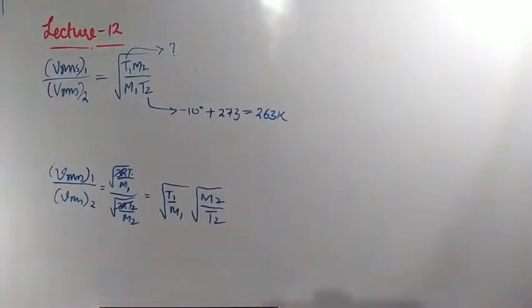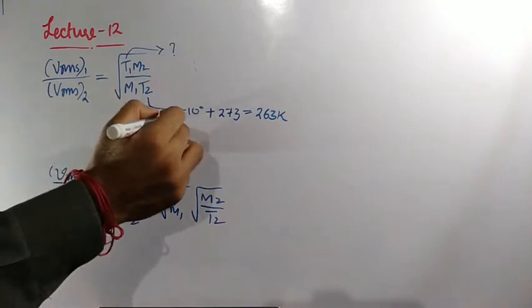M1 is for oxygen, and the value given is 32.